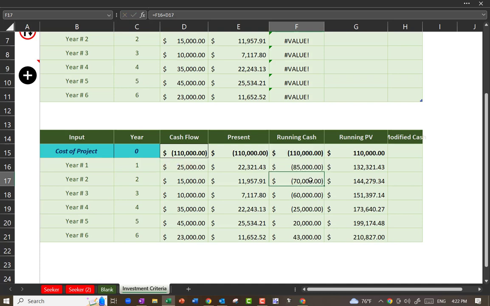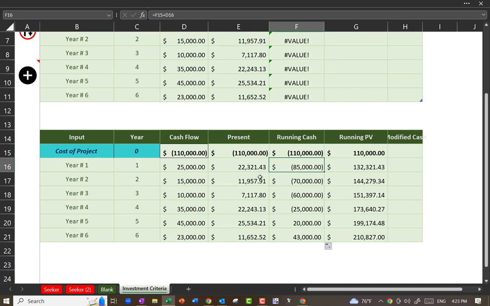If I'm looking to figure out when the project pays for itself, in what year, it is the first year in which running cash flow is positive. Because I start with the initial cost. Every year I add back whatever I earn. Turns out it is positive in year 5.